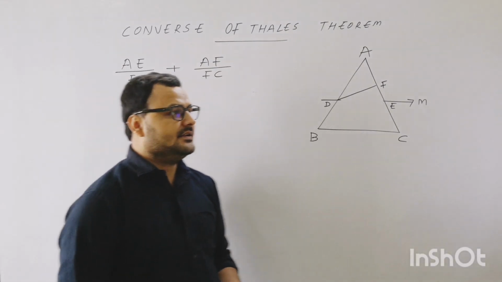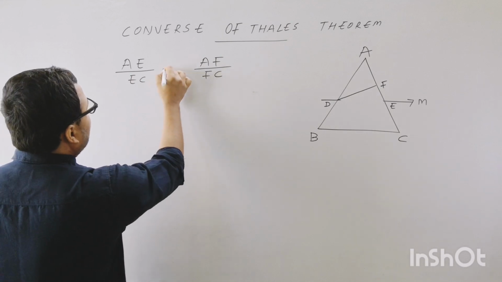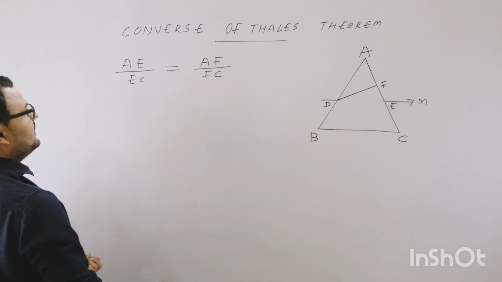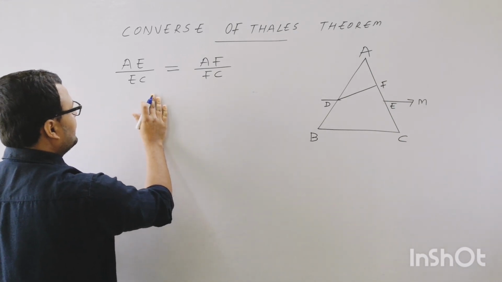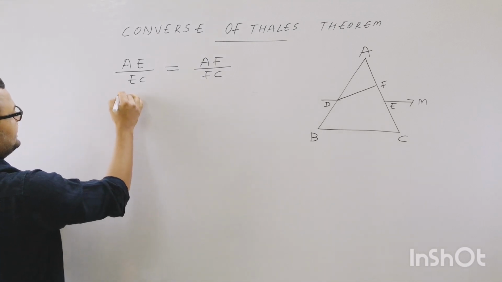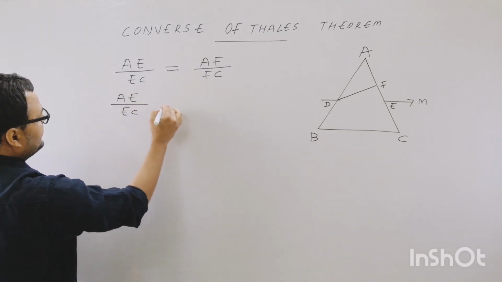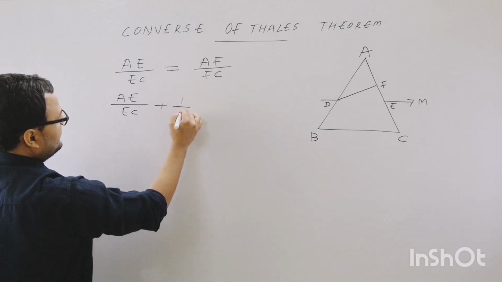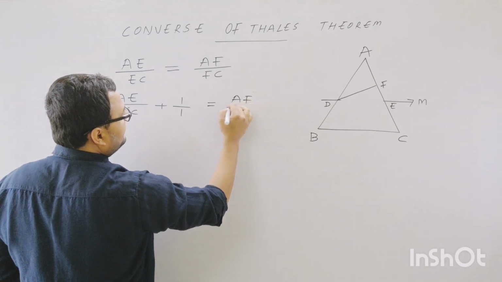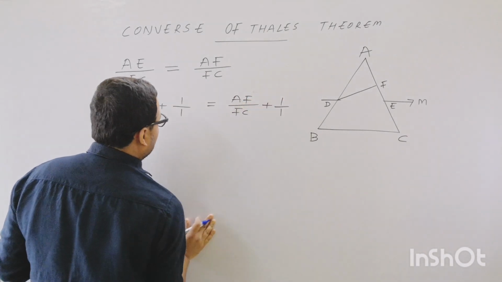Now by equation 1 and 2, we got AE by EC equals AF by FC. Now I am going to add 1 on the LHS and also on the RHS. So AE by EC plus 1, I can write 1 by 1, equals AF by FC plus 1, which is 1 by 1.